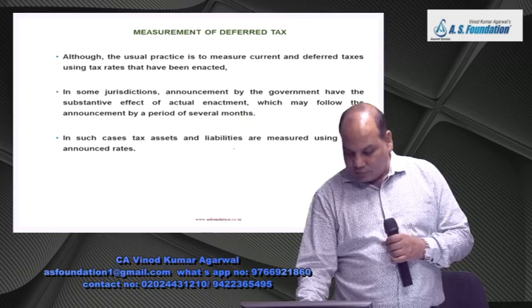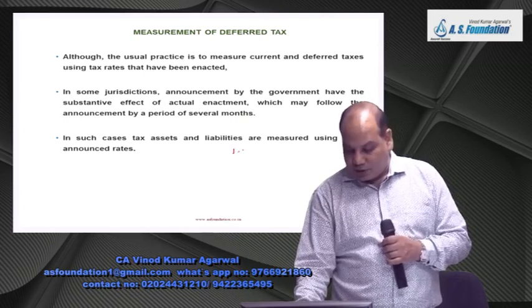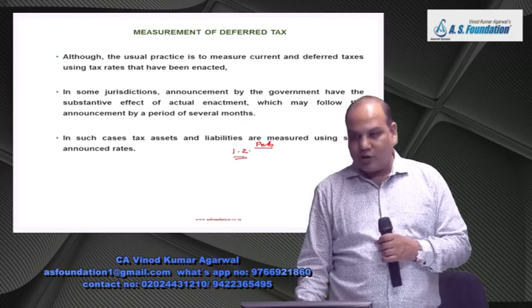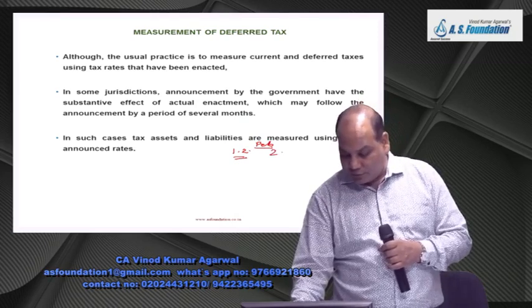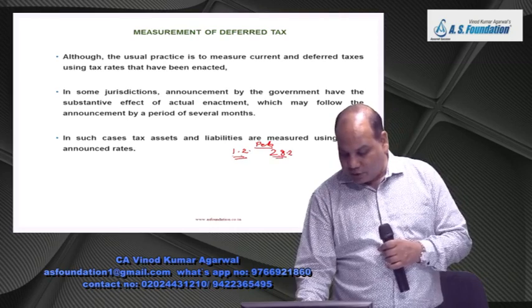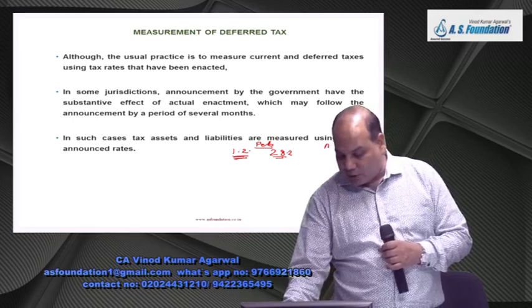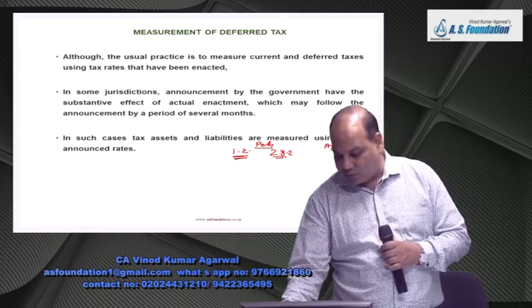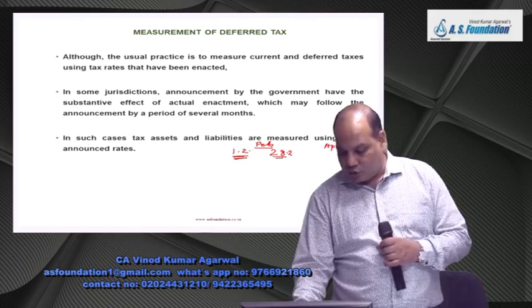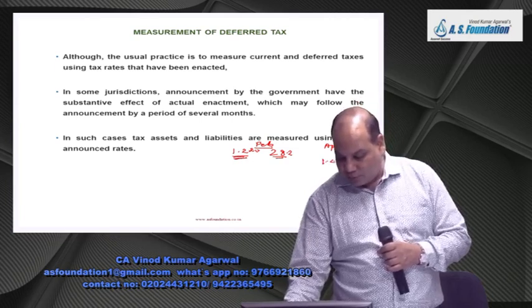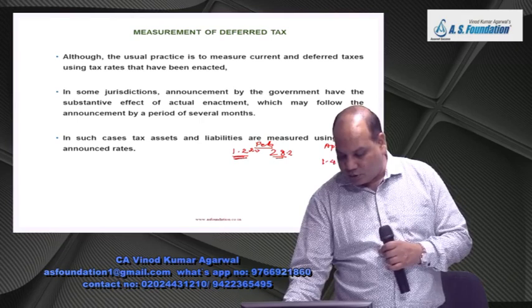In India, the budget is presented around 1st February, or you can say in the month of February. Earlier the convention was 28th February. Now they have shifted it to 1st February. This budget is applicable for the next financial year, that is April to March. So if the budget is presented on 1st February 2020, it is applicable for the financial year 1/4/2020 to 31st March 2021.